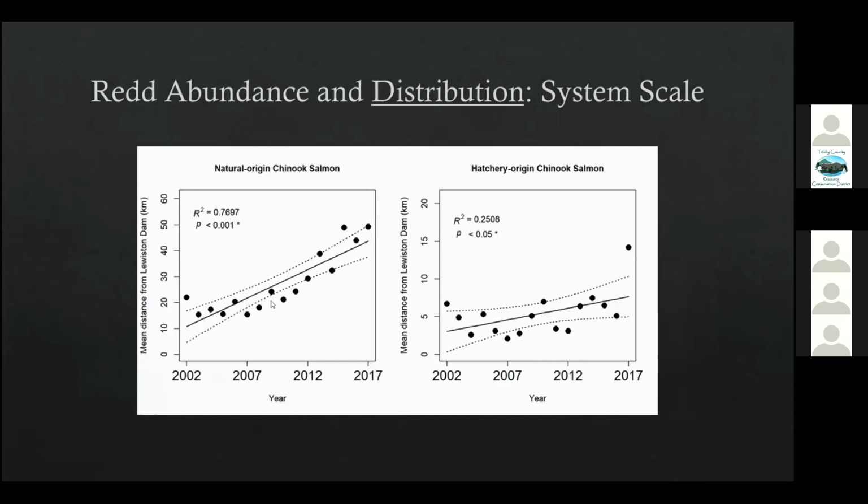We've also noted a change in distribution of fish. These are graphs of the mean distance of redds from Lewiston Dam, mean distance from dam from 2000 to 2017, which has mostly affected natural origin Chinook salmon. You can see on the left graph around 2002, the mean distance from dam is around 10, 15 kilometers.